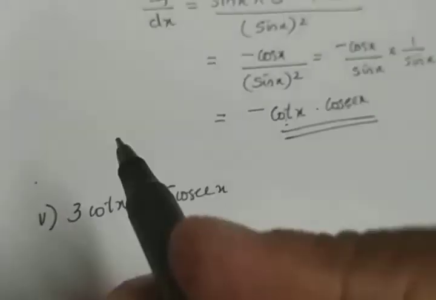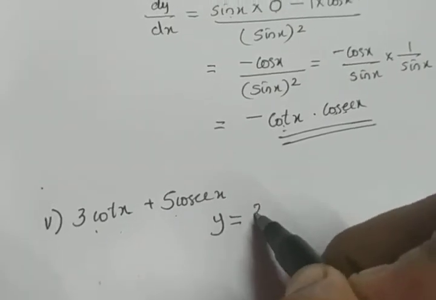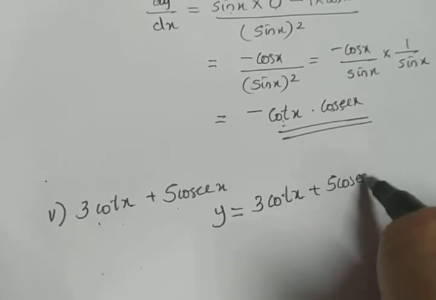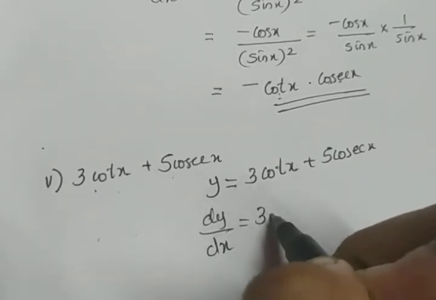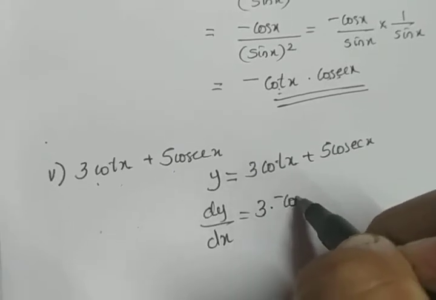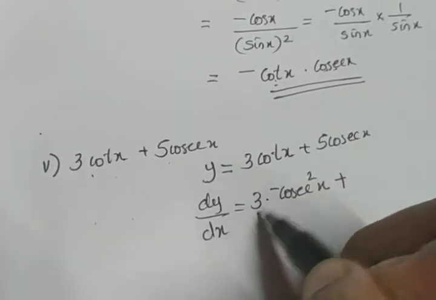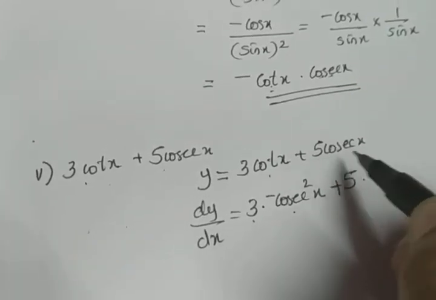Moving to the next one, 3 cot x plus 5 cosec x. Give the name as y. Y is equal to 3 cot x plus 5 cosec x. Just take the derivative, dy by dx equal to 3 into, what's the derivative of cot x? It is minus cosec square x. These formulas you have to learn by heart. 3 into derivative of cot x is minus cosec square x plus 5 into derivative of cosec x.